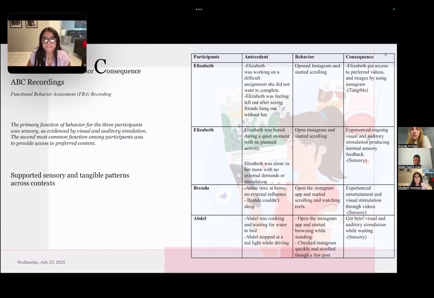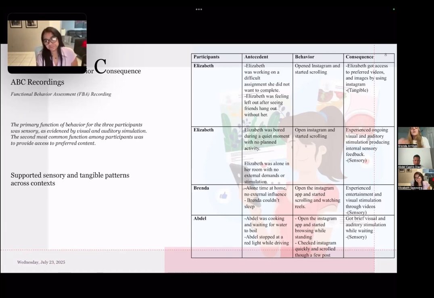This is considered tangible. Then for sensory, Elizabeth was bored during a quiet moment, or she was alone in her room. Again, the behavior was opening the Instagram app and scrolling, and the consequence was experiencing ongoing visual and auditory stimulation. This counts as sensory.